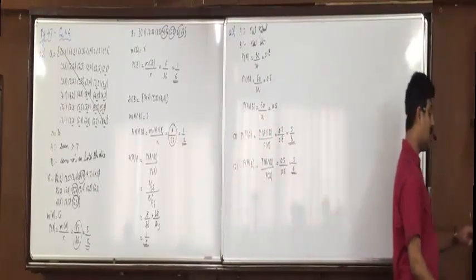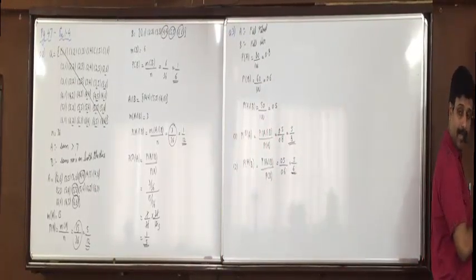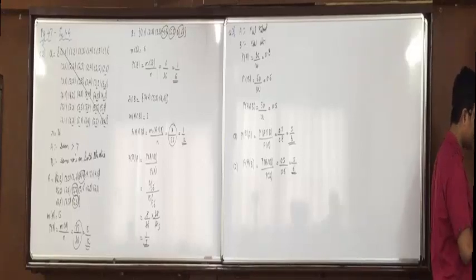Okay, so in these questions, the probabilities have been directly given. Understood that, everyone? Okay, next question.